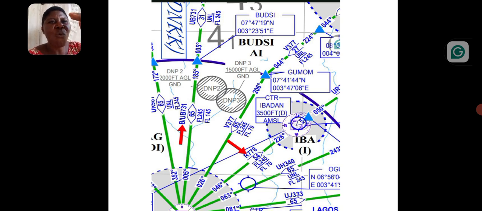Okay, so when mapping or charting, you have to note that each of these routes uses alphabet and numbers to designate the route. If it's Whiskey, you will see W110, for instance. If it's Bravo, B119. If it's Romeo, arrow 221, as the case may be.